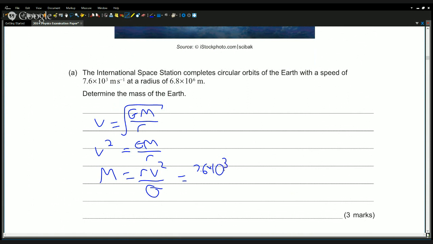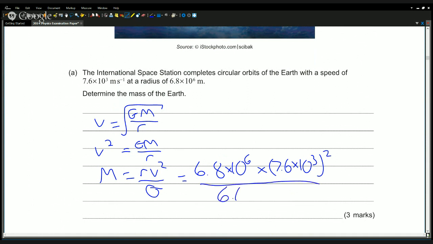No, wrong one. Try that again. r is 6.8 times 10 to the 6, times bracket 7.6 times 10 to the 3 bracket squared, over G, 6.67 times 10 to the negative 11.